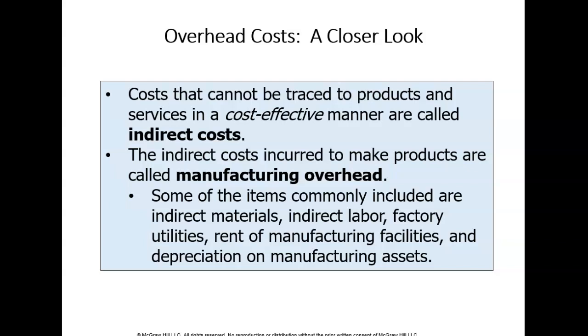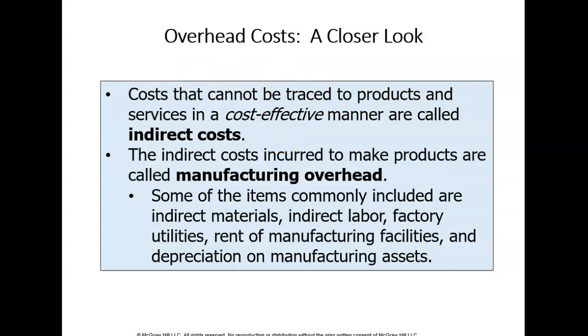Now we're asking what we consider indirect costs. Well, the wood to make the product would be a direct cost, but there could be small items such as screws and nails put in the table that we cannot trace to a specific product. Those are known as indirect costs.